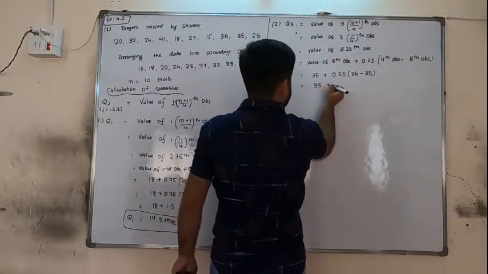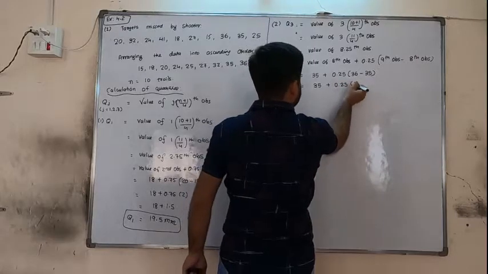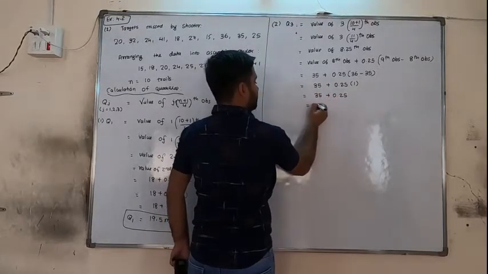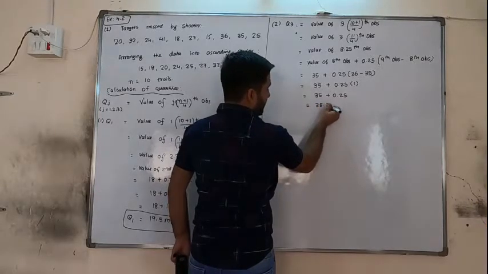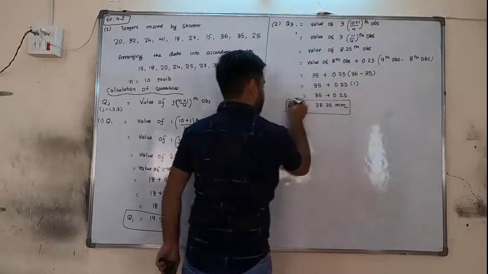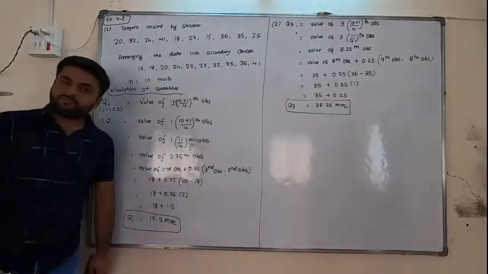So 35 plus 0.25 multiplied by 1, 35.25 millimeters. This is Q3. So we obtain Q3 also.